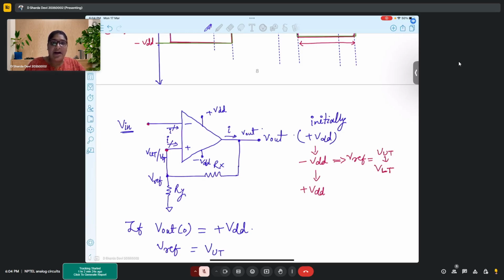So if somehow I modify this particular Schmitt trigger circuit such that there is no input provided to my circuit, and if I don't provide any input, then also I get a square wave output. That means I have designed my relaxation oscillator, right? So the next task is to convert the Schmitt trigger into a relaxation oscillator from where we can get a square wave. So let's look into that.